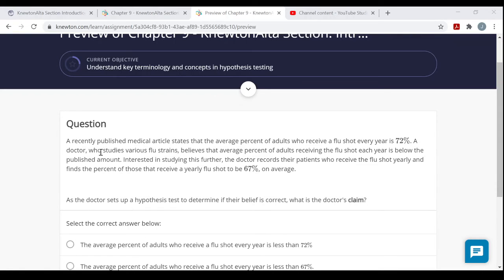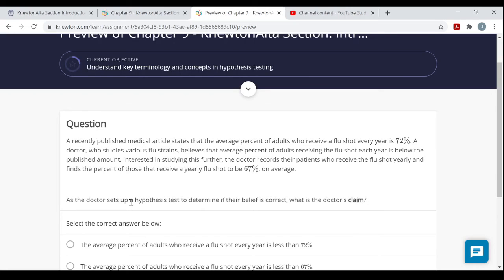A doctor who studies various flu strains believes, key word there, believes that the average percent of adults receiving the flu shot each year is below this published amount. So this doctor is interested in studying this further, testing it. The doctor records their patients who receive the flu shot yearly and finds the percentage of that sample that receive a yearly flu shot to be 67% on average.